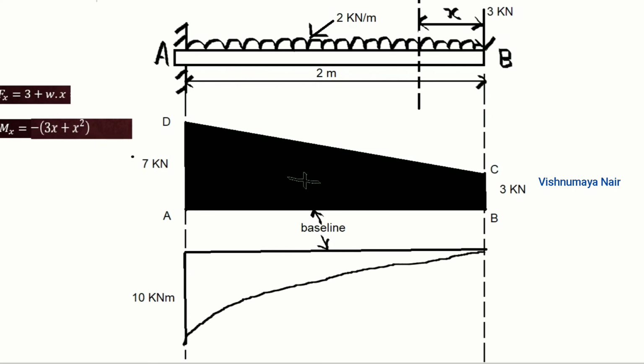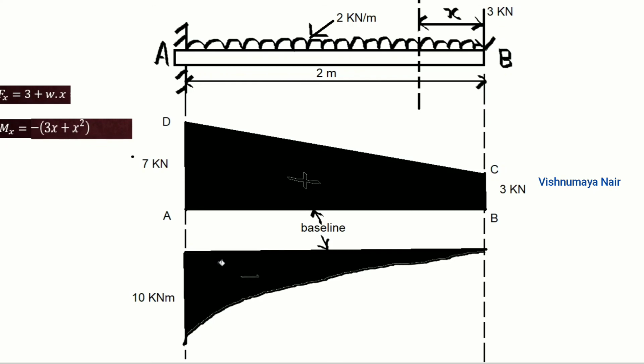Okay, and this is negative and you can shade the area. So this is the bending moment diagram of a cantilever beam subjected to a uniformly distributed load along with a point load acting at the free end of the beam.